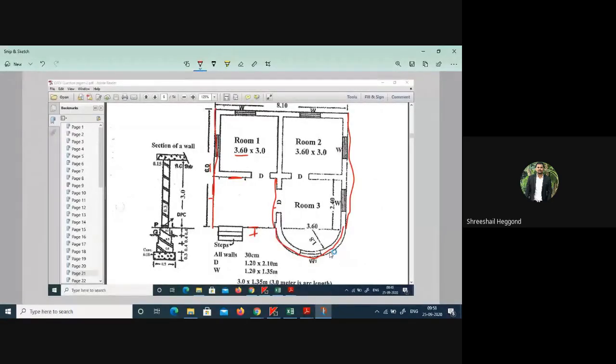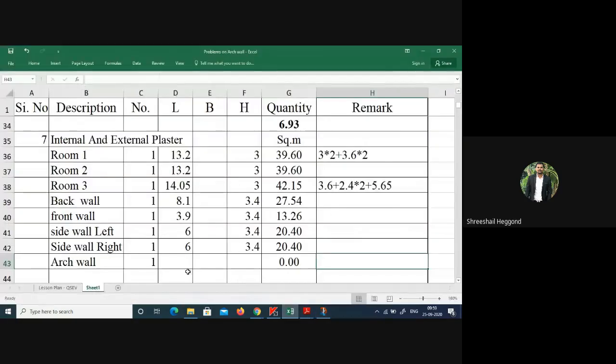That will be 2.1. 1.8 plus 0.3 is 2.1. Therefore, length can be written as 6.597, or you can write 6.7. Okay. 6.7, and height will be 3.4.